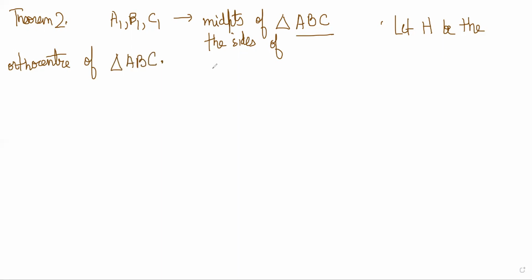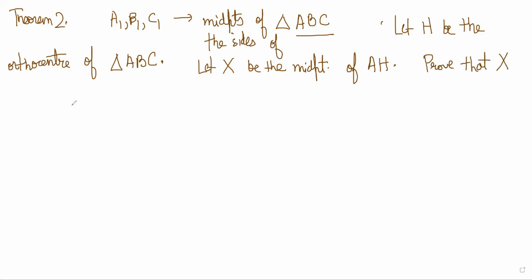Let X be the midpoint of AH. Prove that X lies on the circumcircle of triangle A1, B1, C1. So exactly the same question, just a different point.